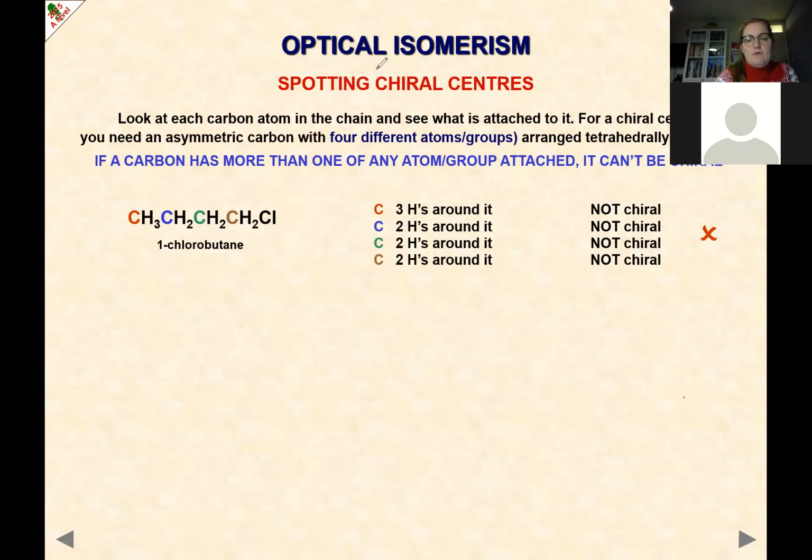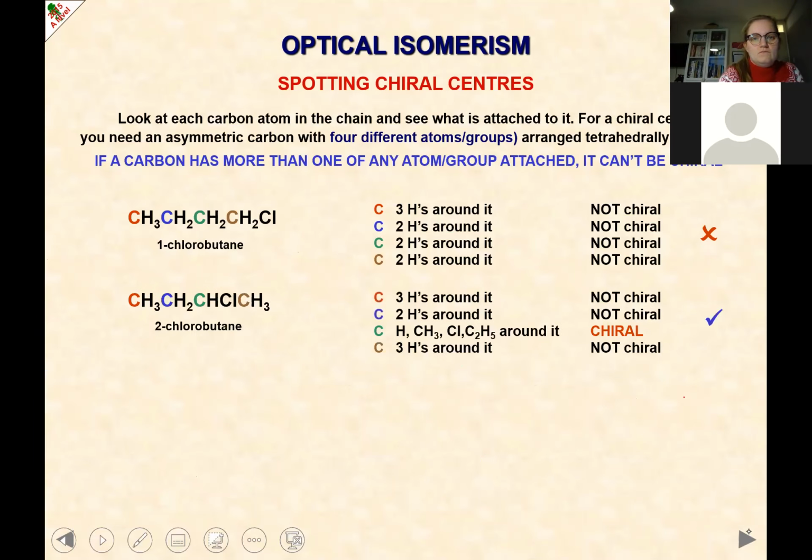So if we look at the next example, the first carbon can't be chiral because it's got 3 hydrogens around it. The second carbon again can't be chiral because it's got 2 hydrogens around it. Our third carbon has a hydrogen, a CH3 group, a chlorine, and a C2H5 group, so that is chiral.